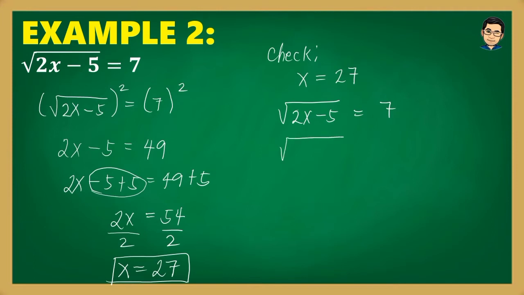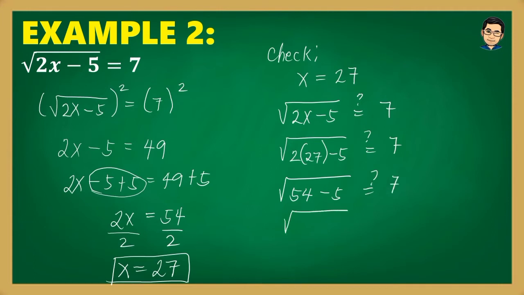We substitute the value of x, 27, into the given radical equation. 2 times 27 minus 5 is equal to 7. 2 times 27 is 54, minus 5 equals 7. 54 minus 5 is 49, so the square root of 49 is 7, and 7 equals 7. This means x is equal to 27 is a solution of our radical equation.